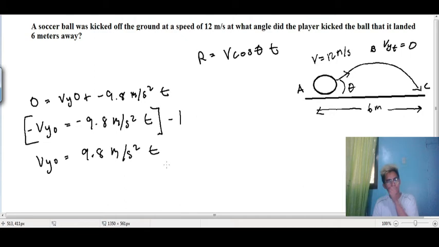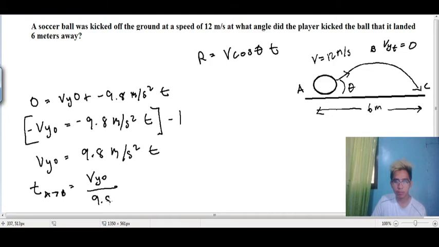So we are finding the value of time here. So your time from point A to point B is equal to the initial velocity divided by 9.8 meters per second squared.